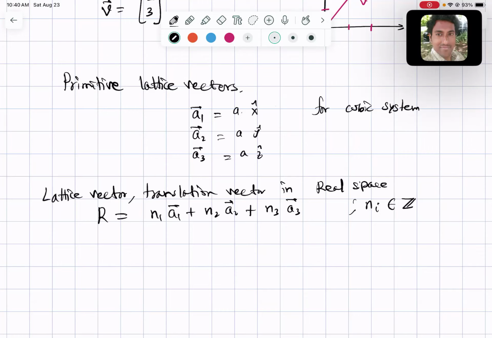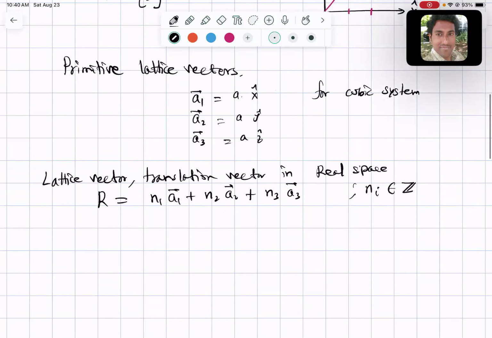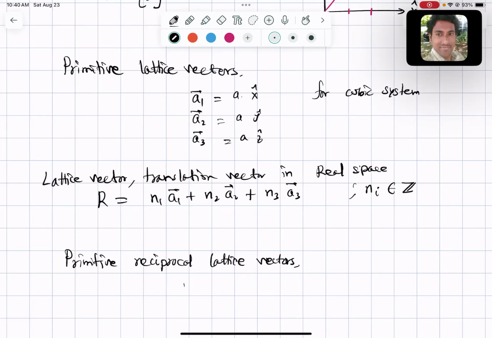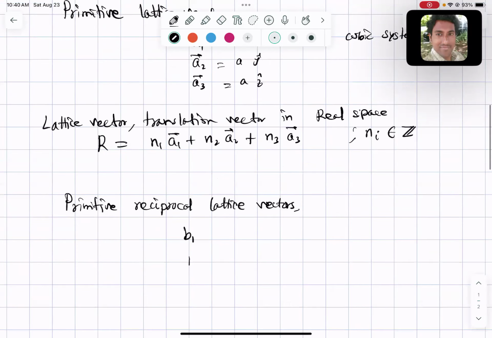And we also have something called reciprocal lattice vectors. So how do we construct them? I think I have discussed it a little bit before. The primitive reciprocal lattice vectors B1, B2, B3.